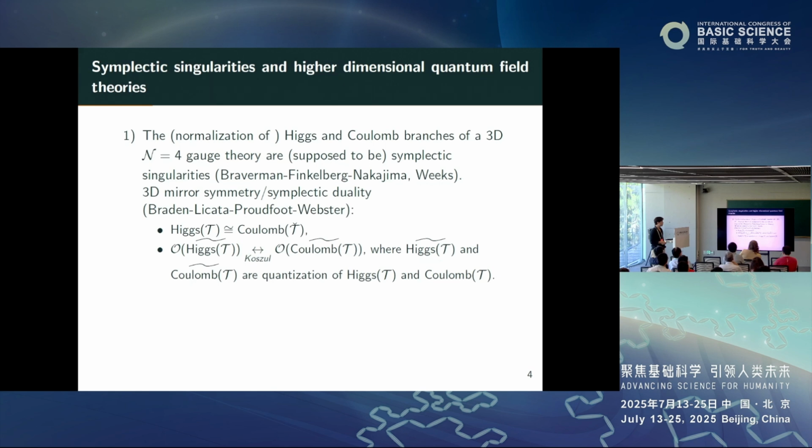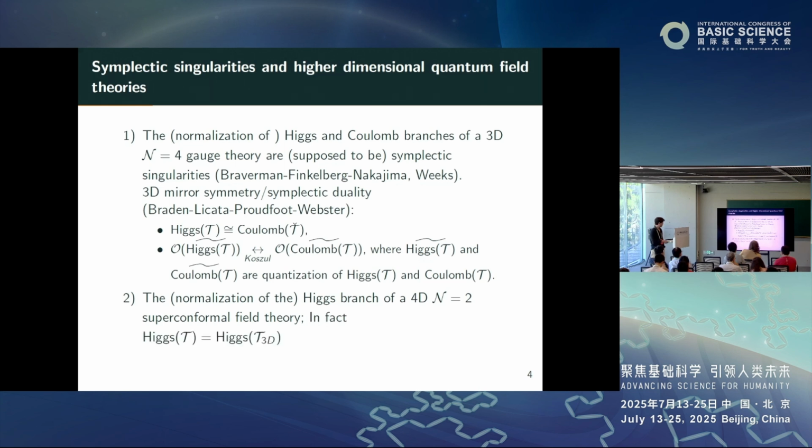So this is the case of three-dimensional theory, and also it's known that the Higgs branch of a 4D N=2 superconformal field theory is also a symplectic singularity as well.